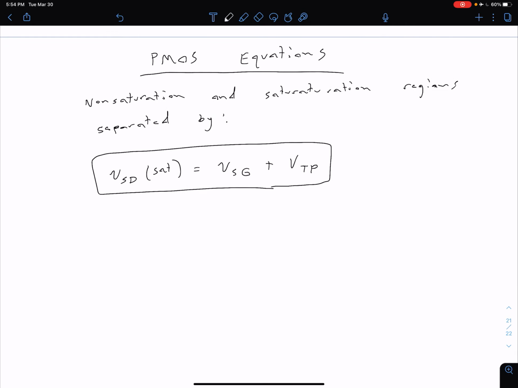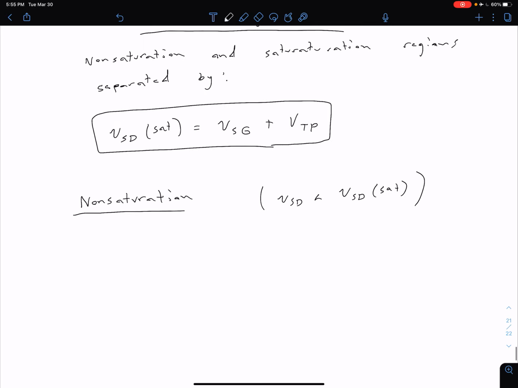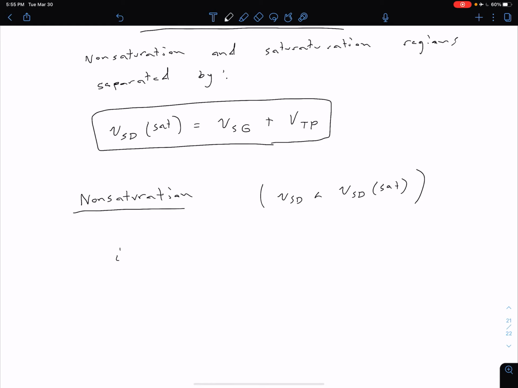So let's talk about then our equations for a non-saturation region. If we're in the non-saturation region, then our VSD is going to be less than our VSD sat. So that's the same basic idea if we were looking on the family of IV curves. We're to the left of that transition curve corresponding to VSD sat. And so our equation for ID looks very similar, as you might expect.